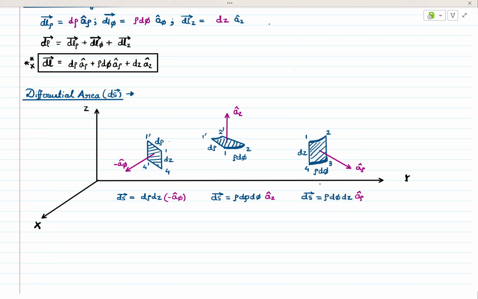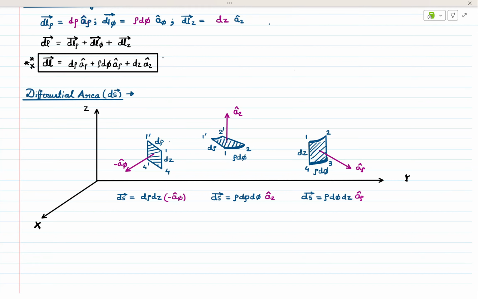So again, the direction of the area vector is always perpendicular to the same area. In this case, three areas are exposed in three directions, so I am considering these three areas separately. I have shown you the area vector for these three corresponding areas, which are in the direction of the arrow, phi and az. Okay, I think it has been clear to you.